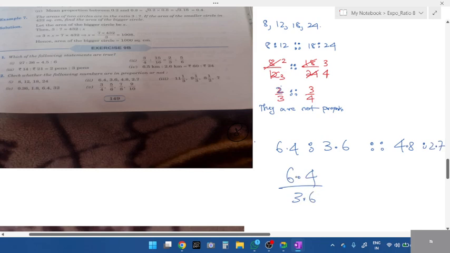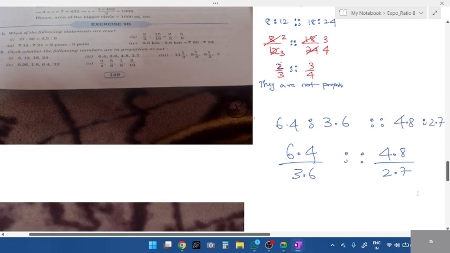When they are equal decimal, just remove the decimal, students. Remove the decimal, you will have 64 by 36. Reduce it, 48 by 27.